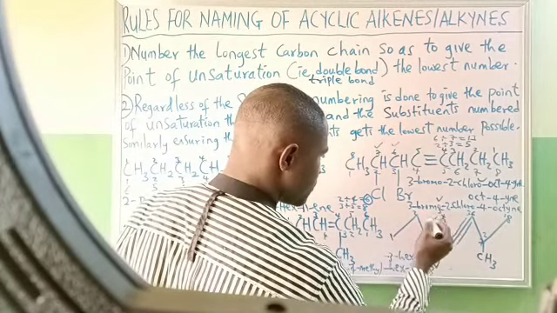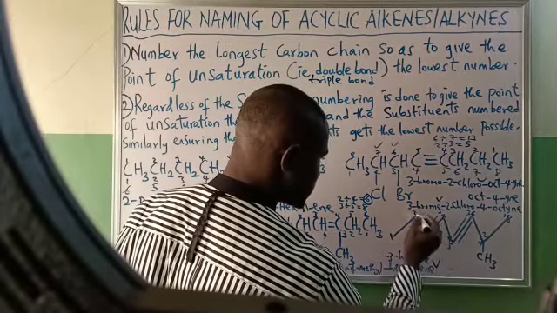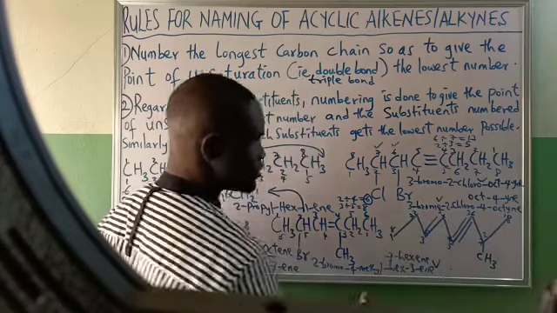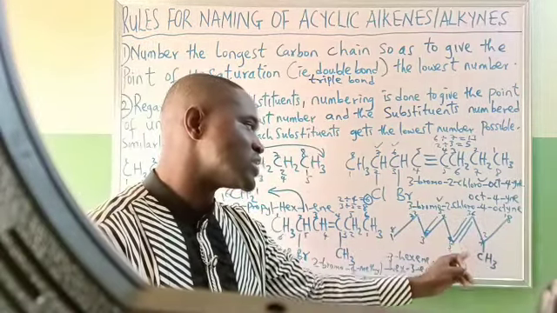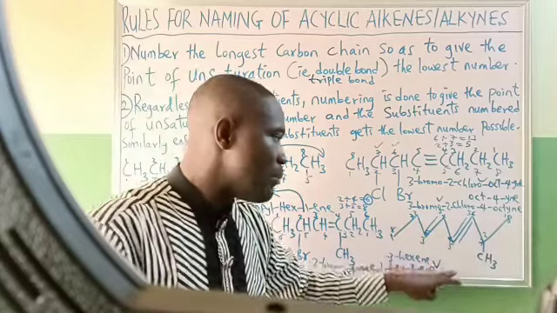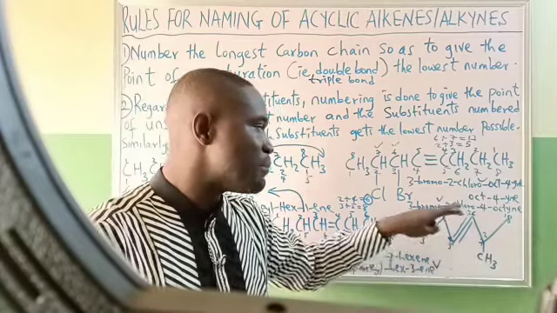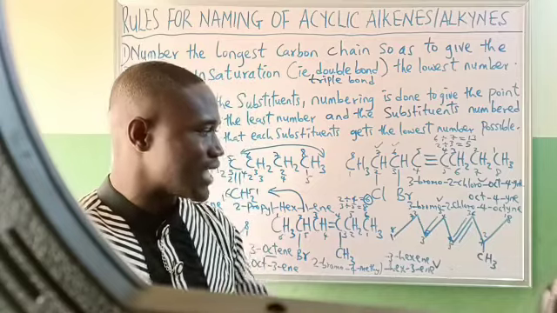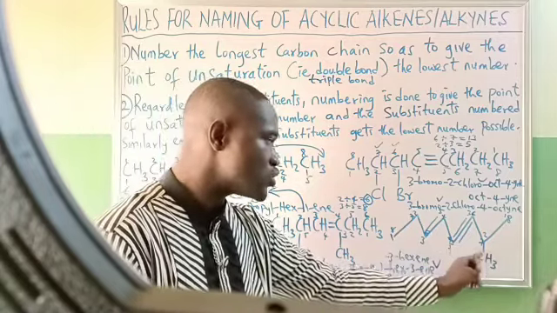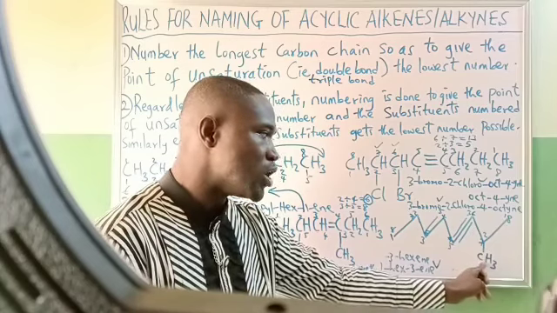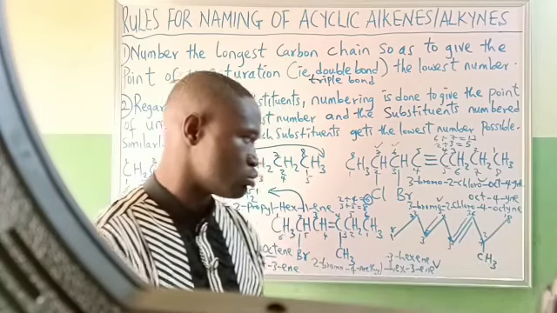4, 5, 6, 7, 8. So this carbon 3 will be bearing this triple bond, which is the parent compound we are talking about, that is yne. And also, if you follow this way, this substituent will be given the lower number, that is 2.